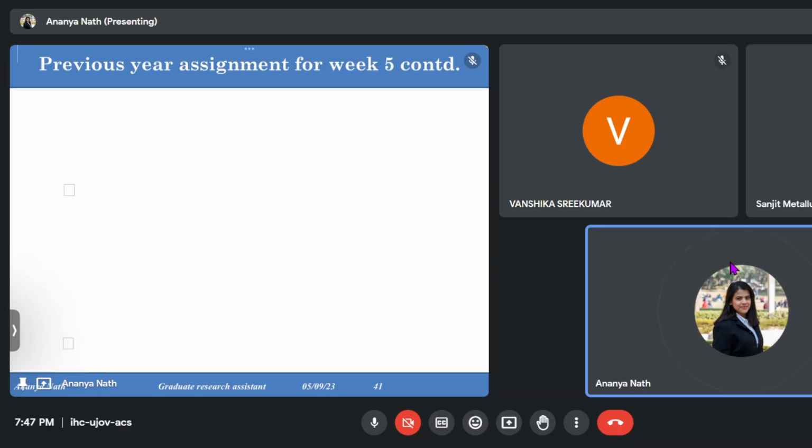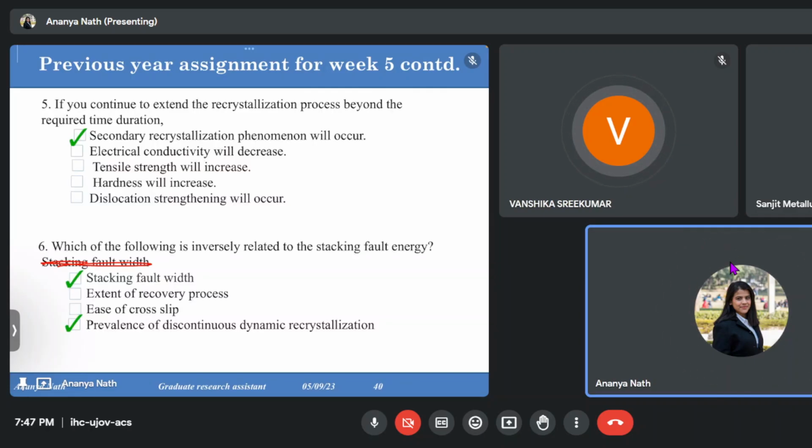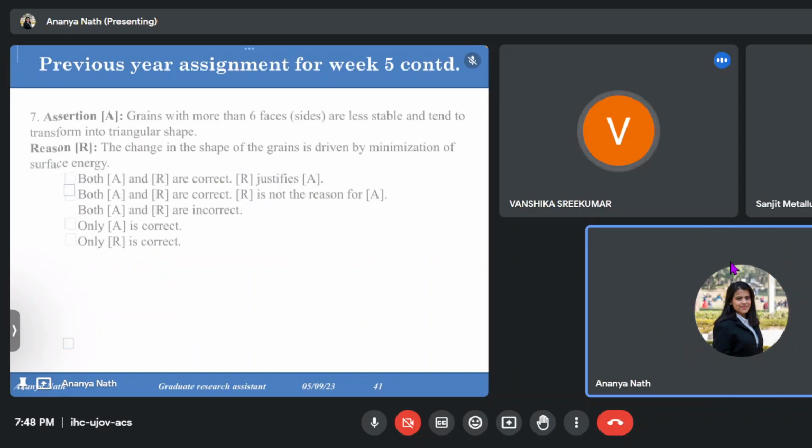It's inversely proportional to the stacking fault energy. If the stacking fault energy is high, it means cross slip will move easily, na? Yeah, ma'am, I understood. Regardless of the continuous dynamic recrystallization, because for that we need low stacking fault to occur for high DDRX. Yeah.